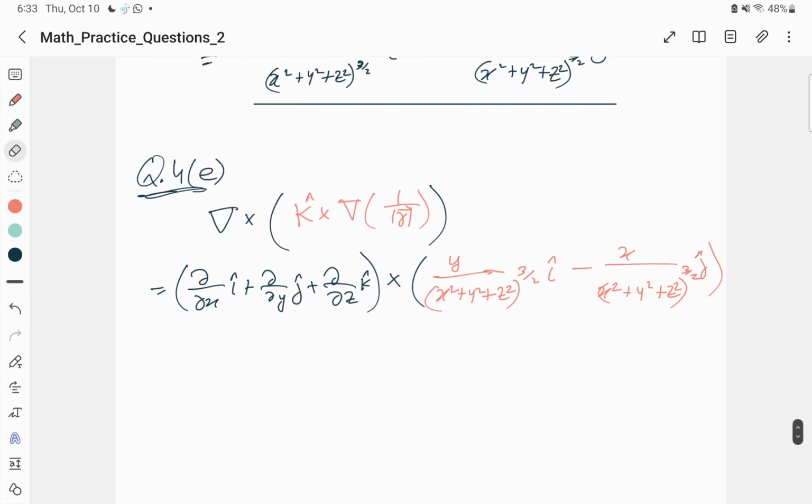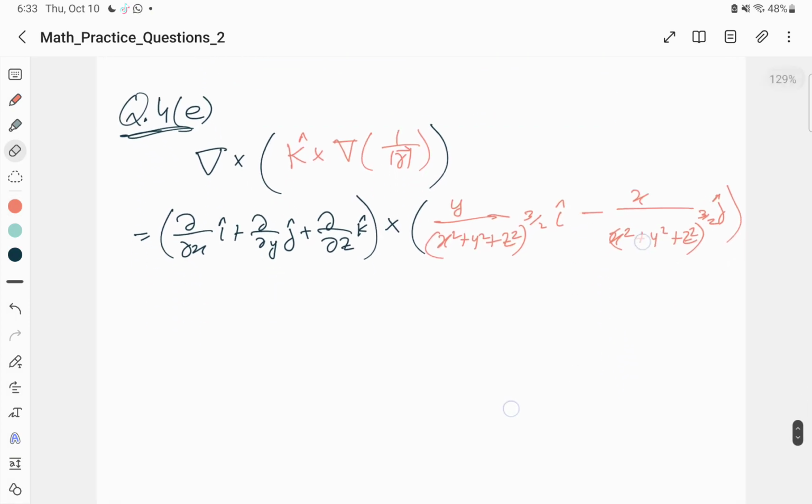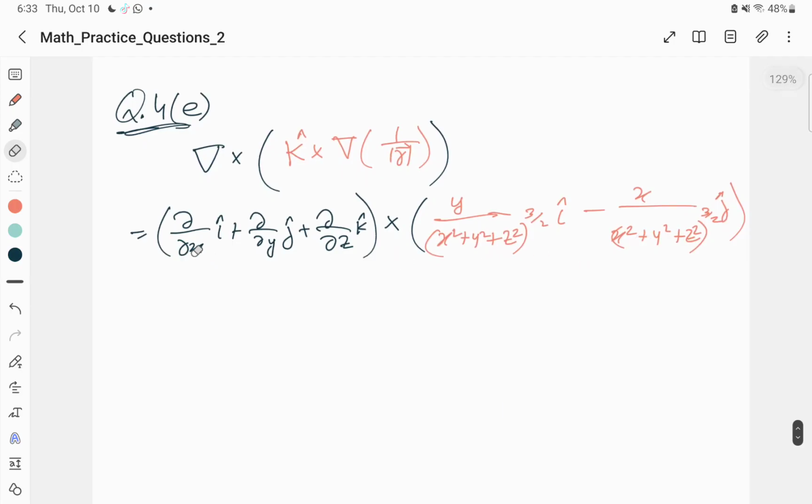So now we take the cross product. Although we can use the determinant method, I am going to apply the direct method. I start with this partial by partial x i and multiply with both of them, the first one in the first line, this one in the second line, and this one in the third line. So it will become partial by partial x of y. For simplicity, I am moving this into the numerator, so this will become y times (x square plus y square plus z square) to the power negative 3 by 2, and here I will have i cross i.